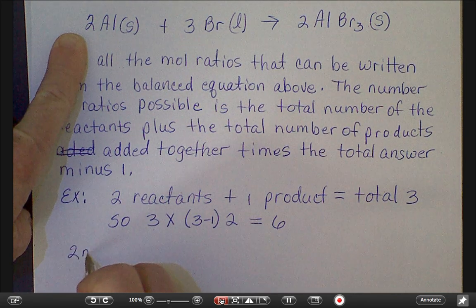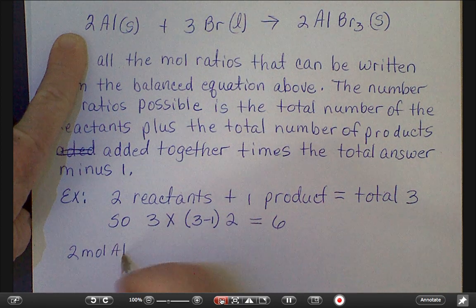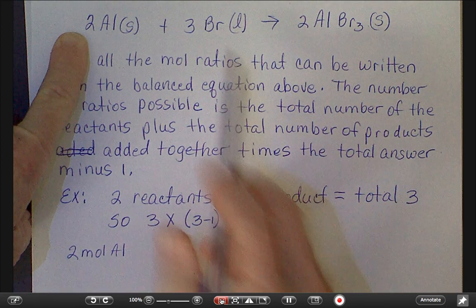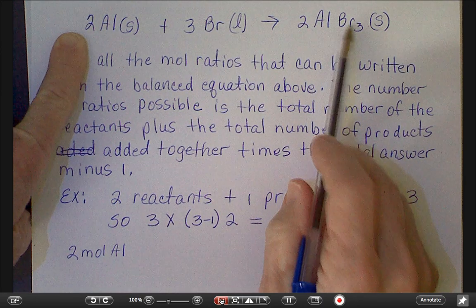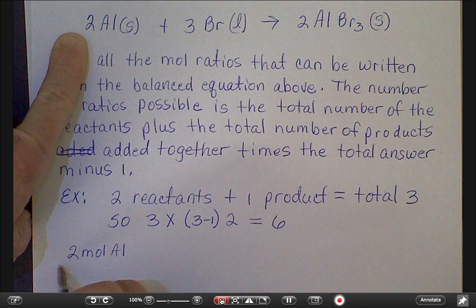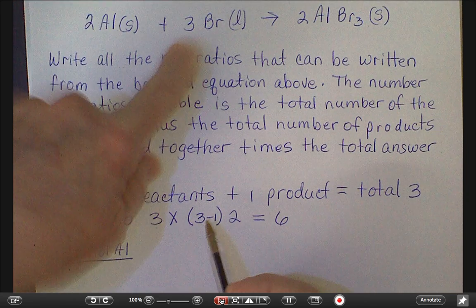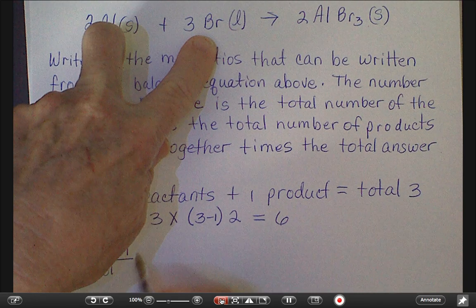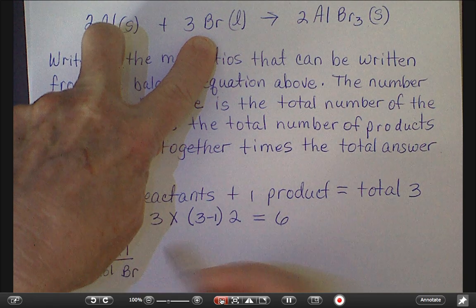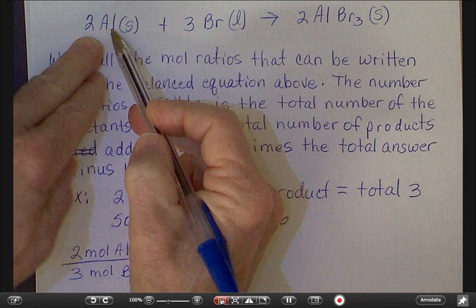So I write 2 mole of Al, and then I put it on top of everything else in my reaction. So 2 mole of Al to what? 3 mole of Br. And this one is still on top.